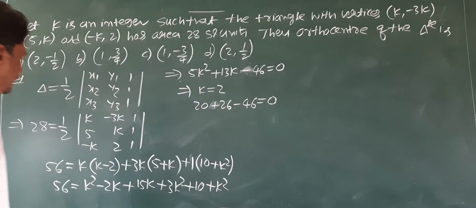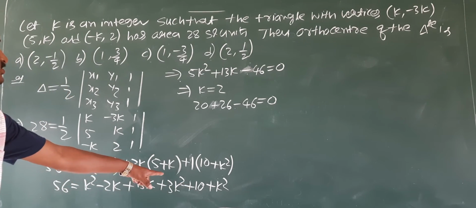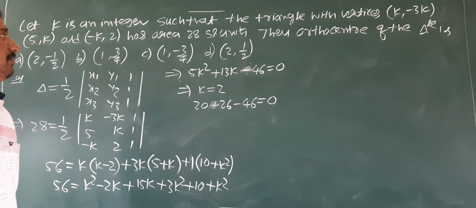It's correct, students. So 10 minus 56, minus 46, correct. k is equal to 2 is the correct value.